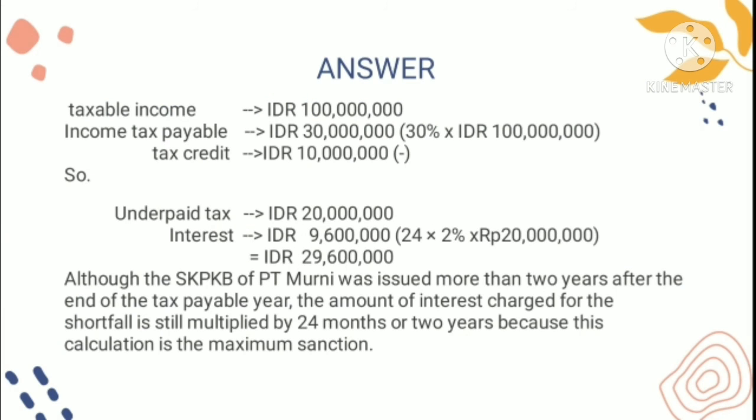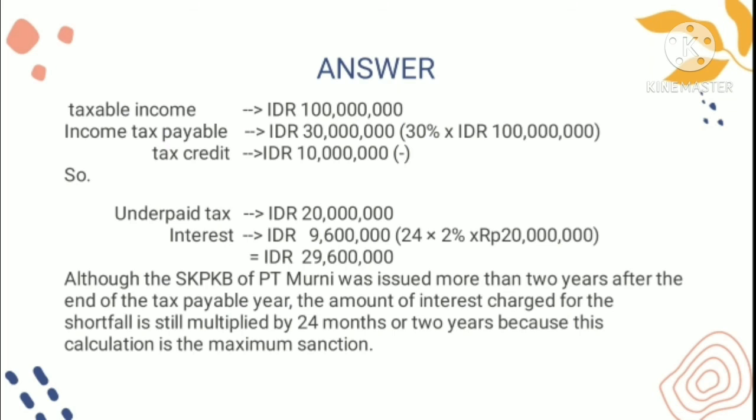Based on the case, we get taxable income 100 million, income tax payable 30 million, which is 30% of 100 million. Tax credit of PT Murni taxpayer is 10 million. So the underpaid tax of PT Murni's taxpayer is 20 million, as a result of 30 million minus 10 million.